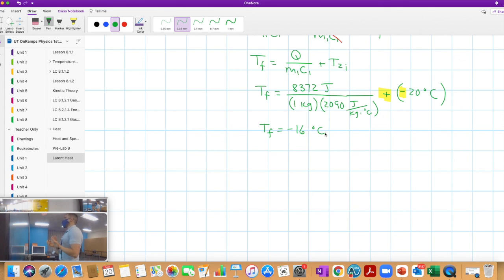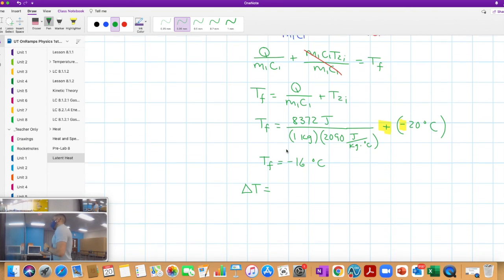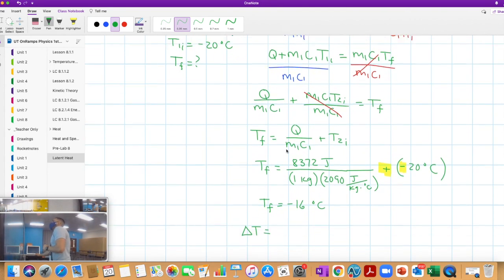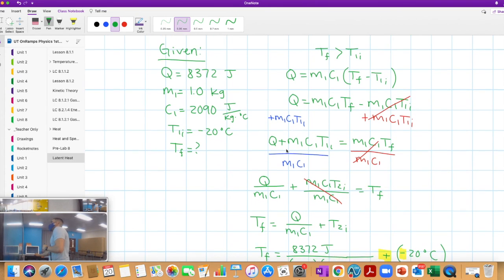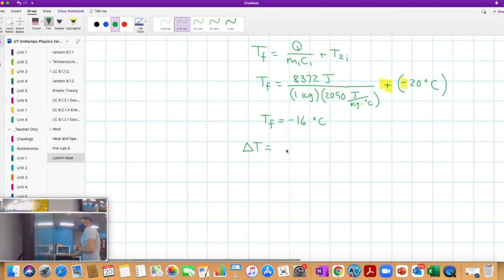Now to find the change in temperature, we do delta T, which is temperature final minus temperature 1 initial. So that'll be, we're going to need brackets for this one.